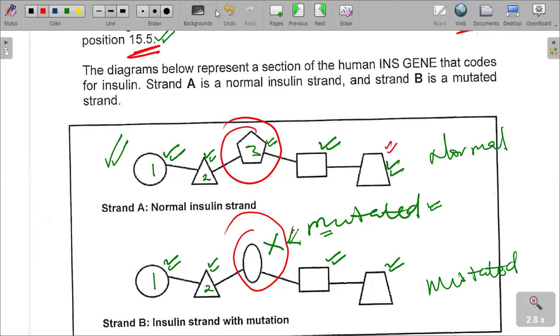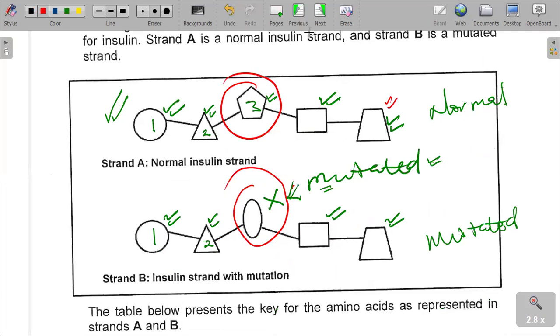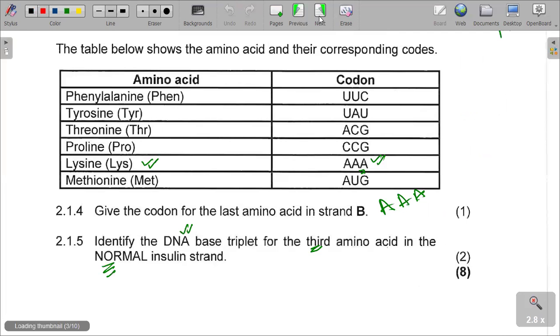So the question wants us to identify the DNA-based triplet for the third amino acid in the normal insulin strand.